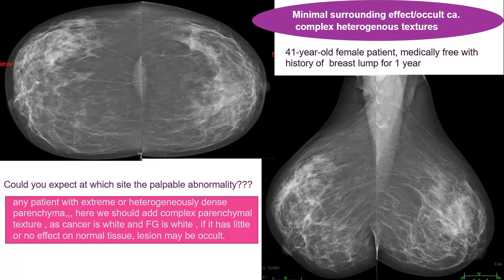Especially if the patient has a palpable abnormality, definitely we expect she might have an occult lesion, probably an occult cancer. So we have to do compression views, ultrasound, MRI.